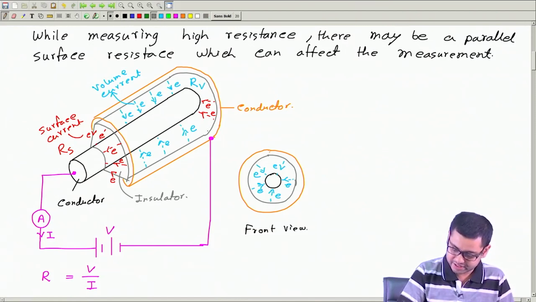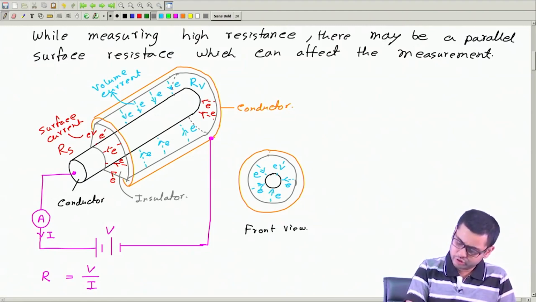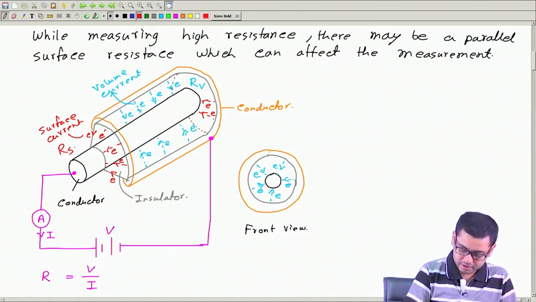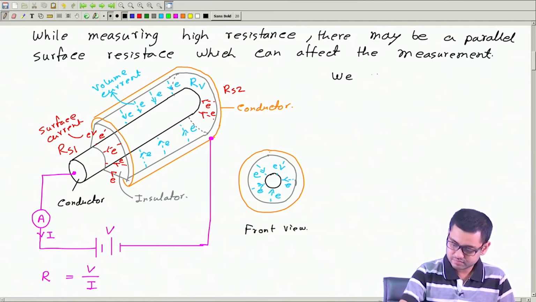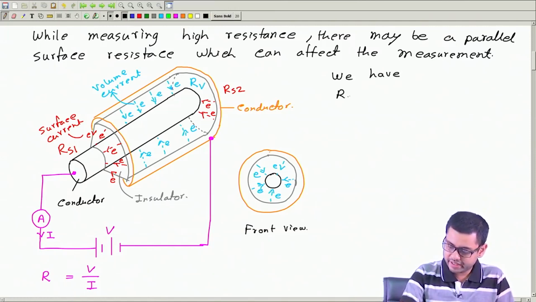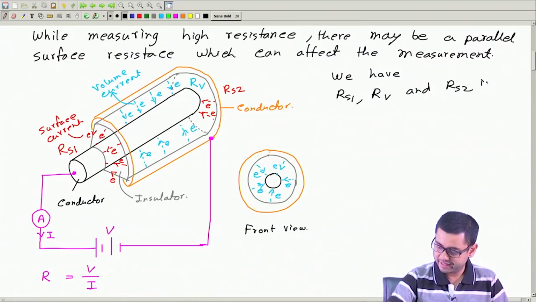So, we have R S here, and there is another R S; call them R S 1 and R S 2. So, we have R S 1, then R V and R S 2 in parallel.